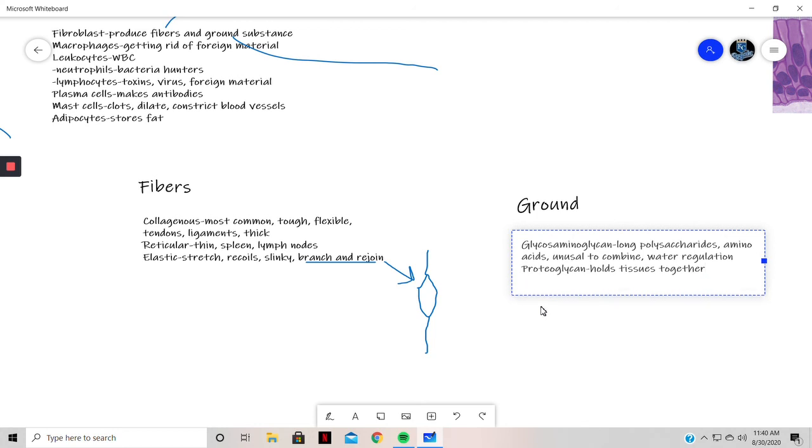The last one, the first part of its name, adhesive, so spoiler alert, it's going to also hold things together. The glycoproteins, okay, and it holds components.